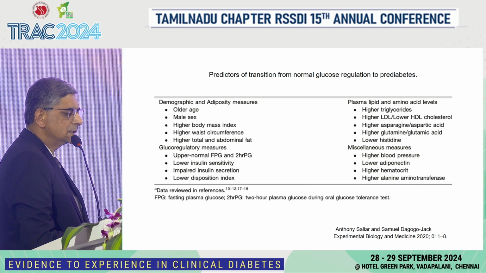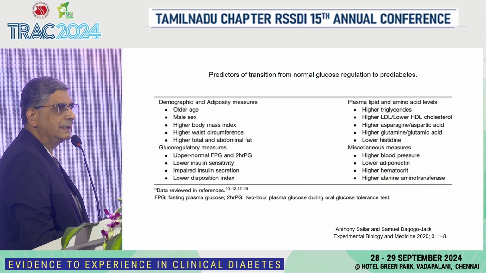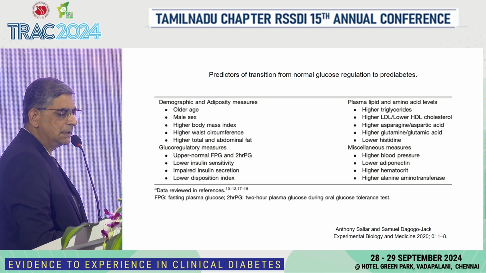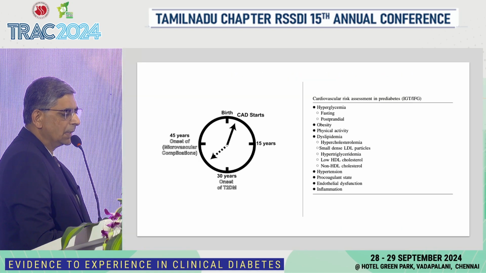What stands out is the demographic and adiposity markers, the glucoregulatory measures, the lipid and liver markers, and many inflammatory markers that point to the fact that these are the patients who develop prediabetes.